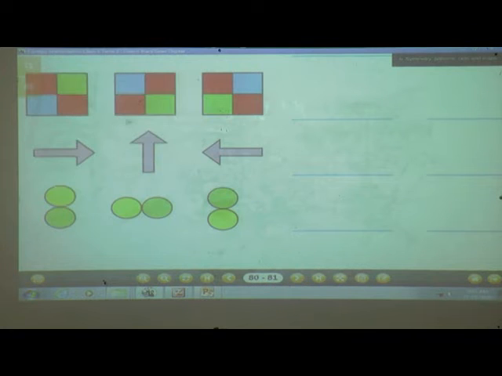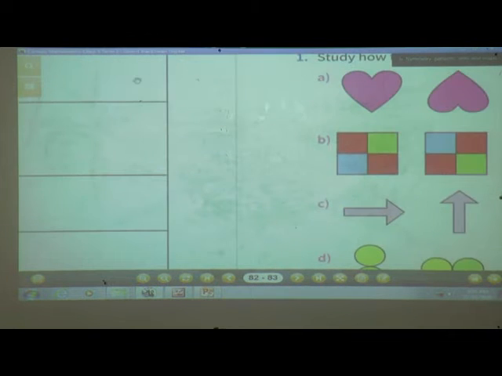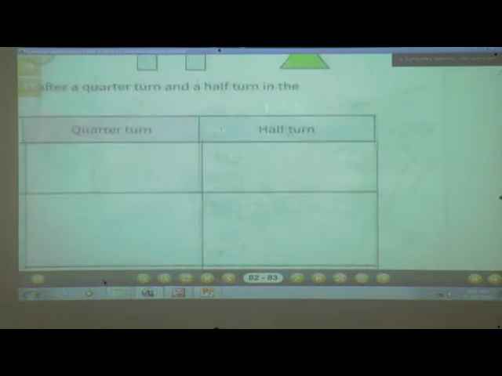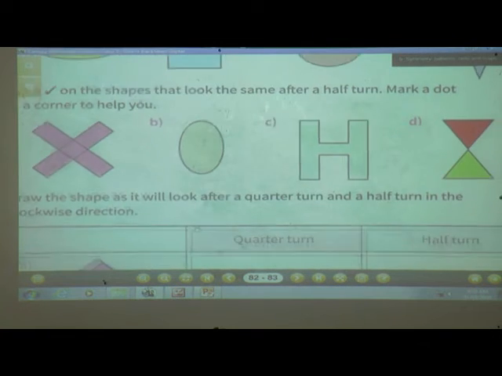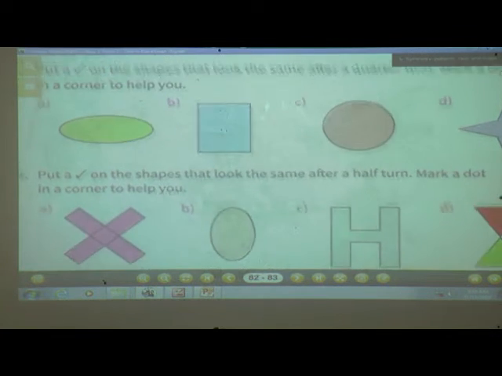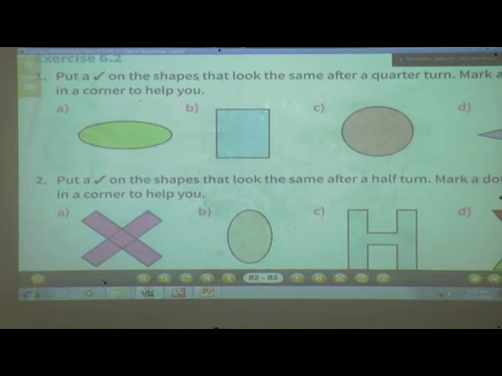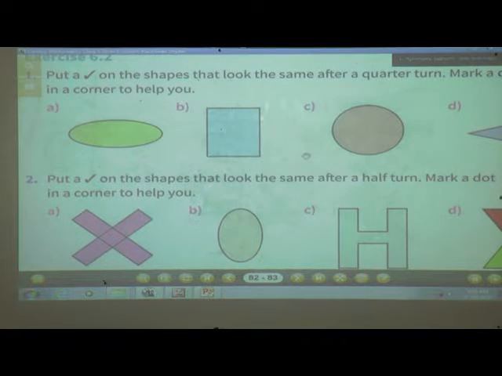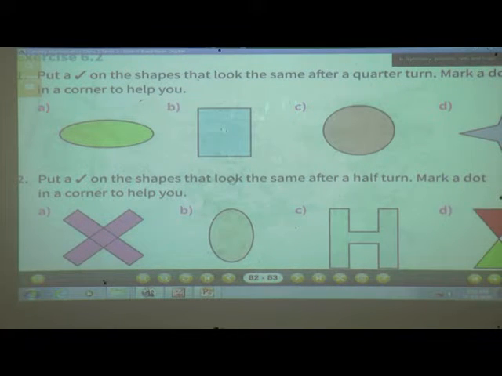Page number 82. Put a tick on the shapes that look the same after a quarter turn. Mark a dot in a corner to help you. If you do not understand how to do a quarter turn, you can put a red dot also.